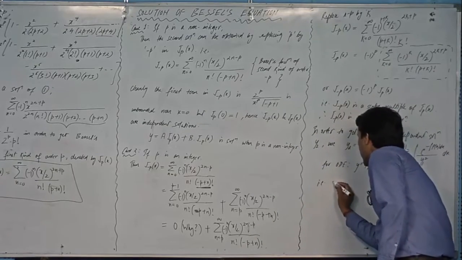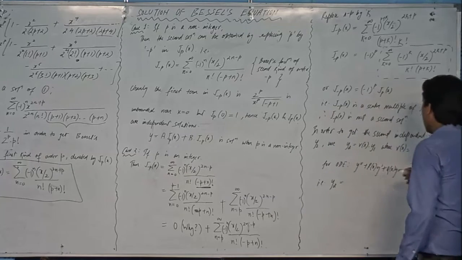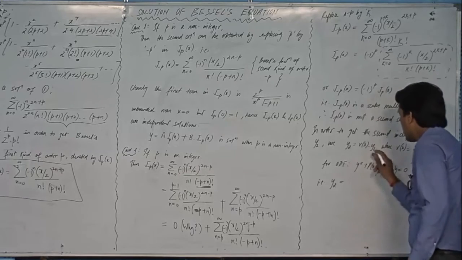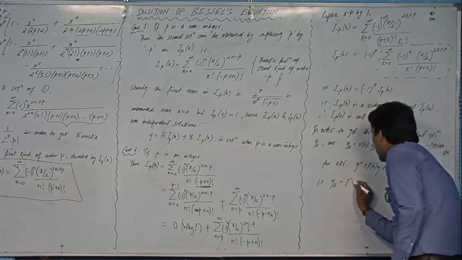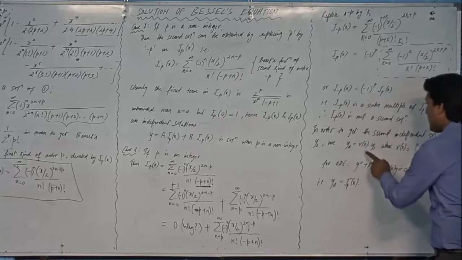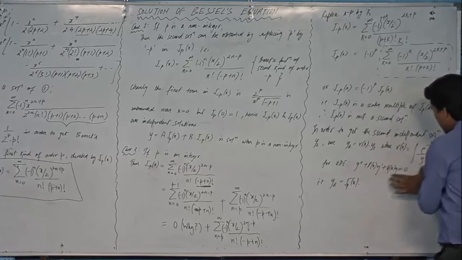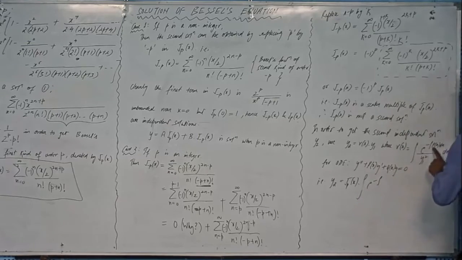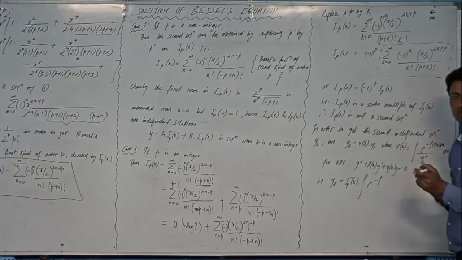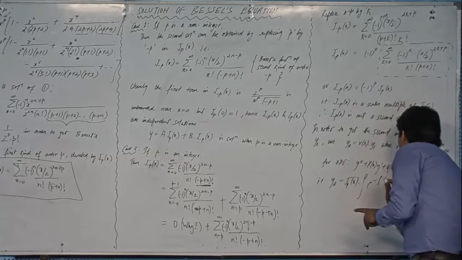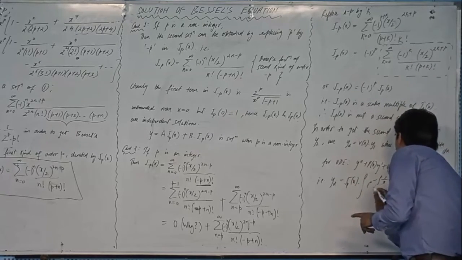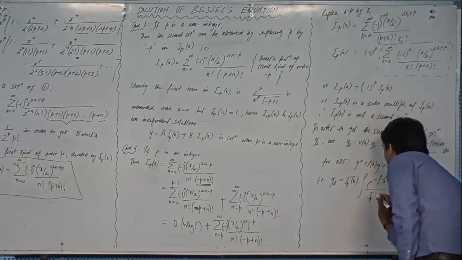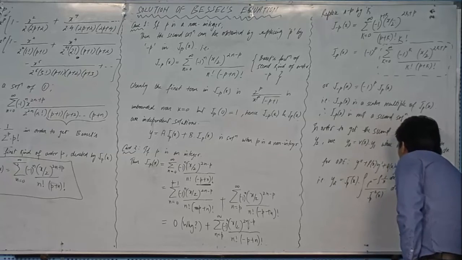That is, the second solution will be y2 = y1 v(x). What is the value of y1? y1 is J_p(x), multiplied with v(x), and the value of v(x) is e to the power minus integration p(x) dx, and p(x) in Bessel's differential equation is 1 upon x, over y1 square, and y1 in my case is J_p, so J_p square x dx, right?